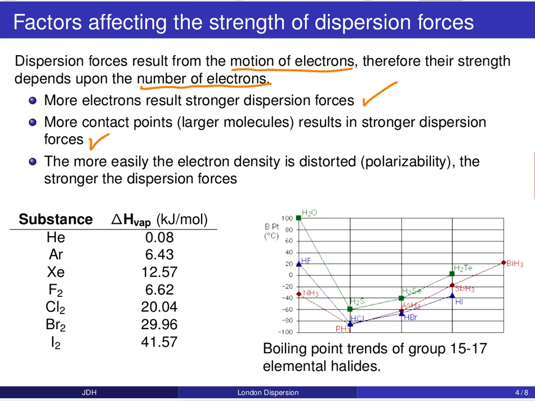So the more polarizable an atom or molecule, the more easily its electron density is distorted, right? And so the higher polarizability, the larger those temporary dipole moments will be in magnitude, and as a result, the stronger the dispersion forces will be, right?